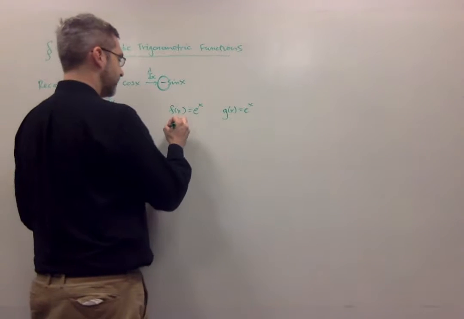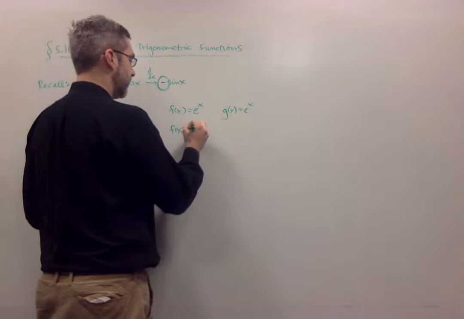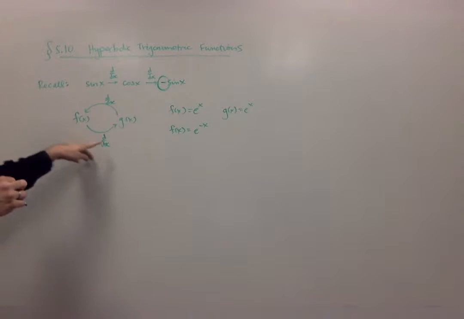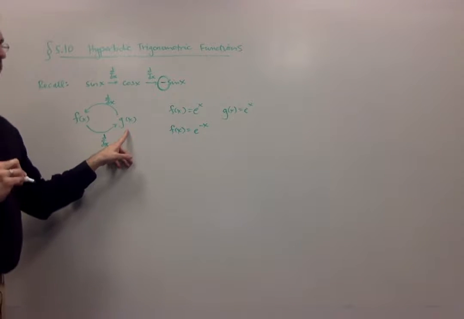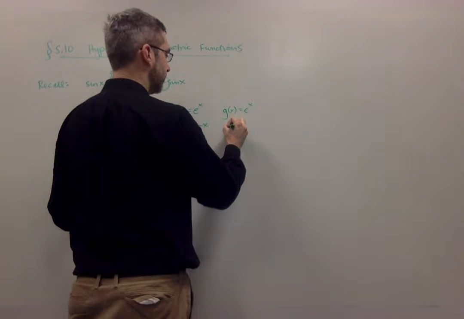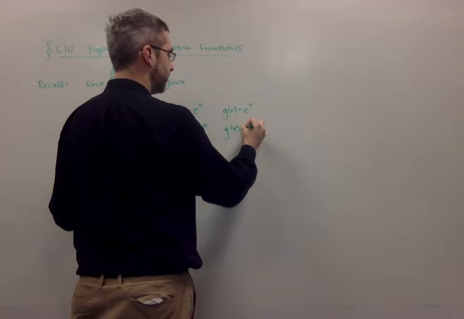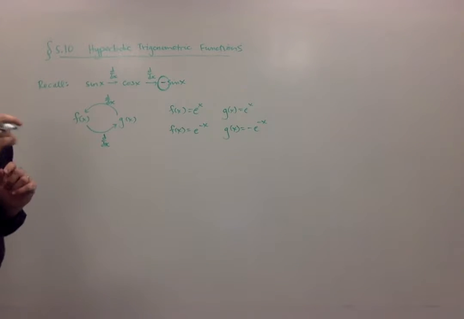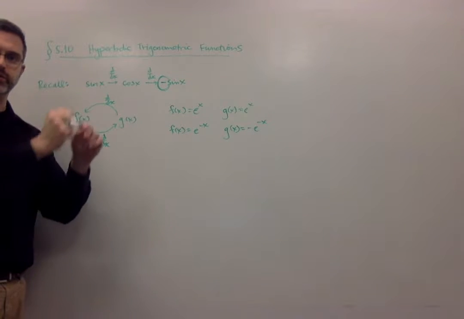This is another example of a pair of functions that would work. If I started with e to the negative x and differentiate, what derivative do I get there? That turns out to be negative e to the negative x, right? Do you remember that? If we had e to the 2x, the derivative is 2e to the 2x.